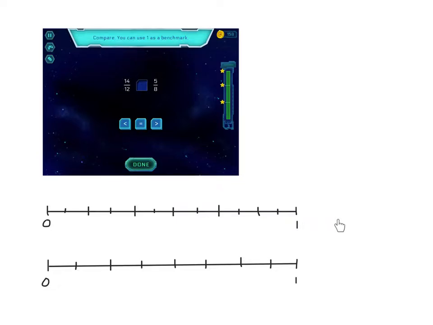So 14/12 is greater than the number 1, whereas when you compare 5/8 to that, notice this number line is in 8 equal parts. 1/8, 2/8, 3/8, 4/8, 5/8 is here. So 5/8 here is not even 1. 14/12 would be way past 1. So therefore 14/12 is greater than 5/8.